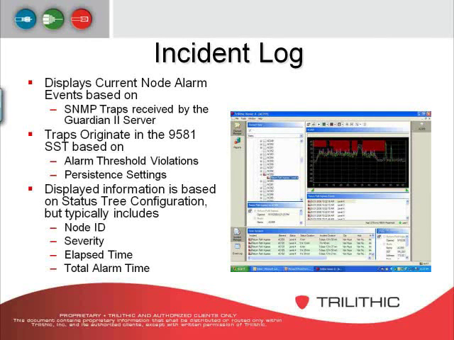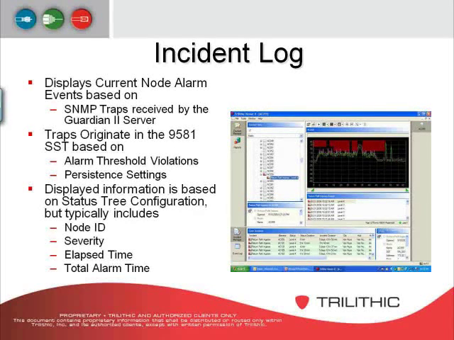So you have your incident log. Now this displays current node alarm events based on the traps received by the Guardian 2 server. Now remember, the traps originate in the 9581 SST, and that's all based on the alarm threshold violations and the persistence settings, how often you want to display an alarm.